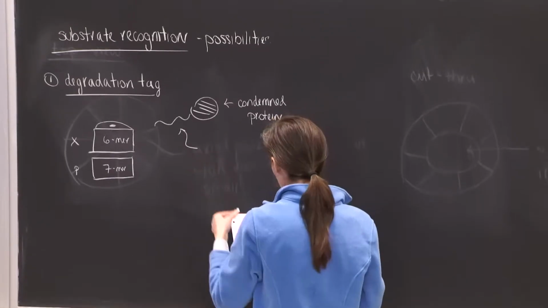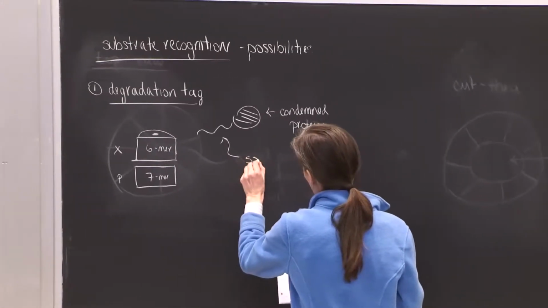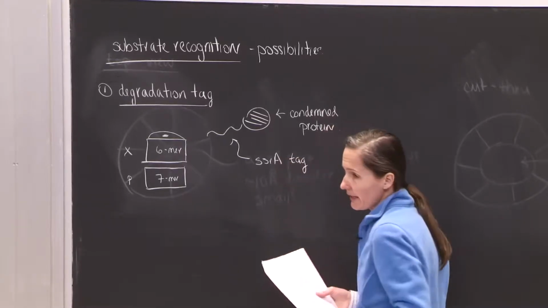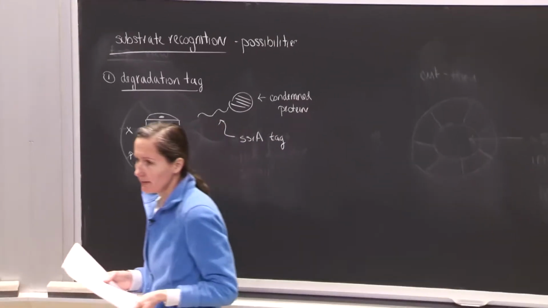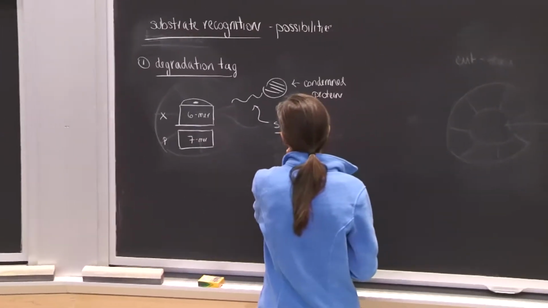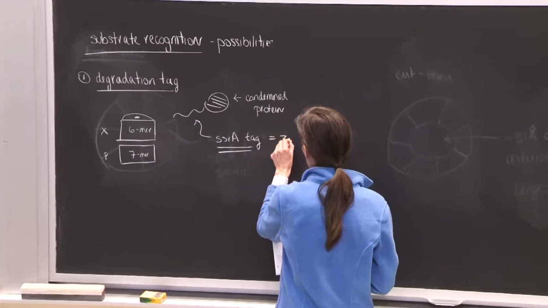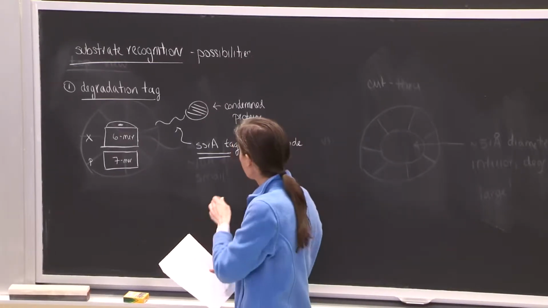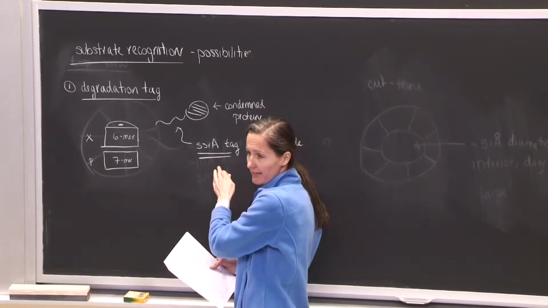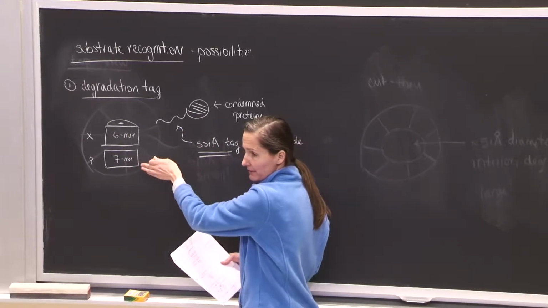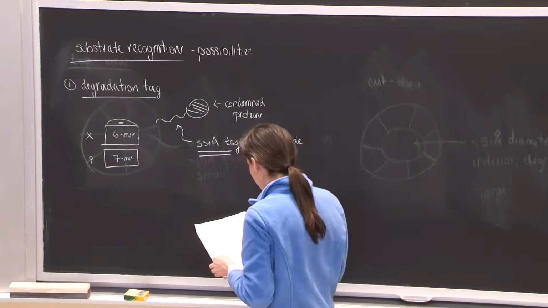What we find is that there's a particular tag called the SsrA tag that is used to tag proteins for degradation by ClpXP. So we can think of this tag as a zip code. If a polypeptide gets modified such that this tag is appended, it's going to end up going to this degradation machine such that it gets degraded.